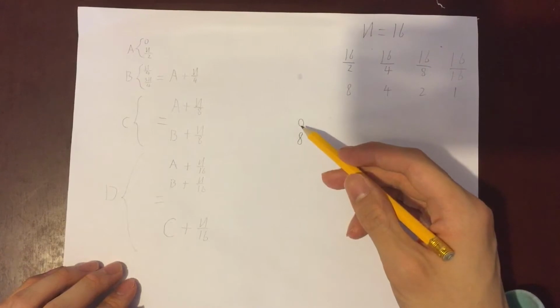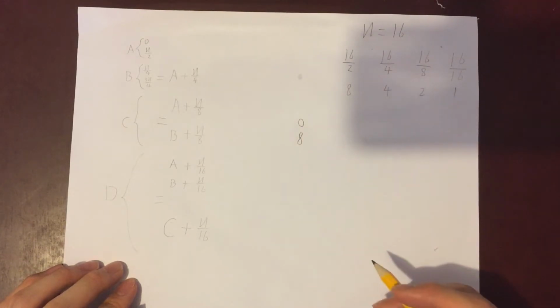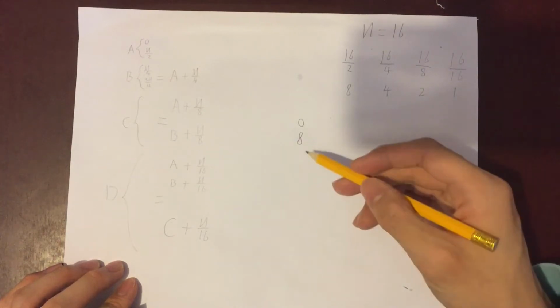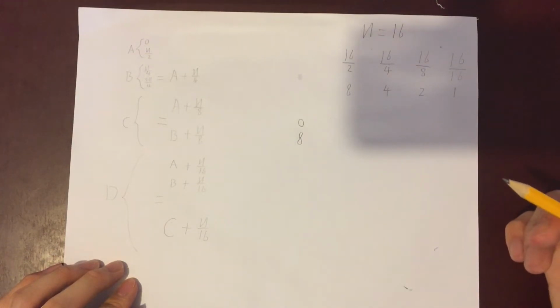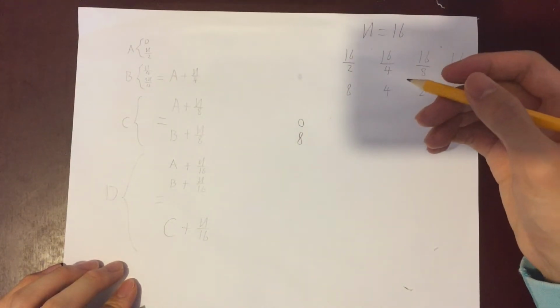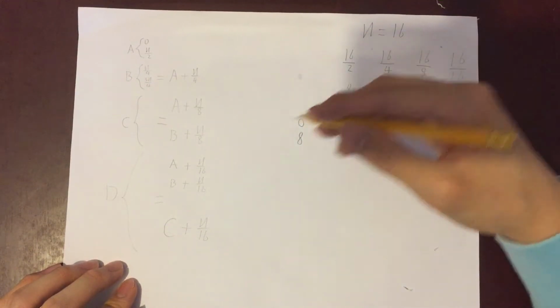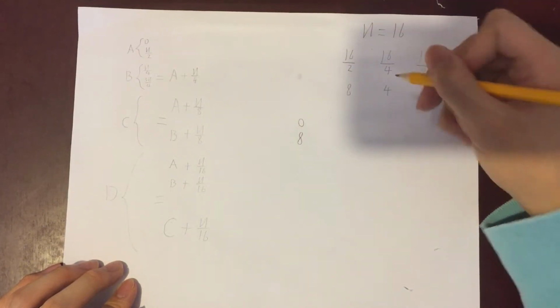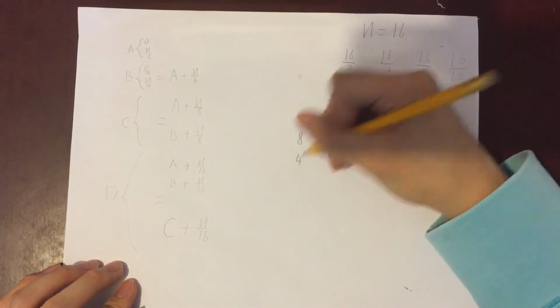This little group, only two terms. The neighbor of this group is always the group itself added with something else. It is capital N over 4, always. And capital N over 4 in this case is 4. So we add 4.